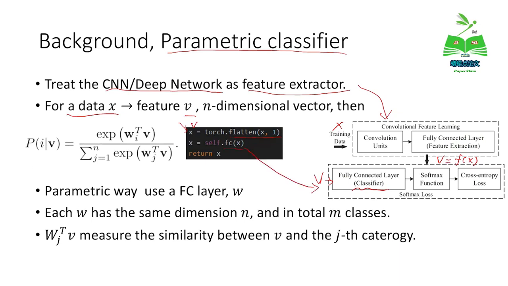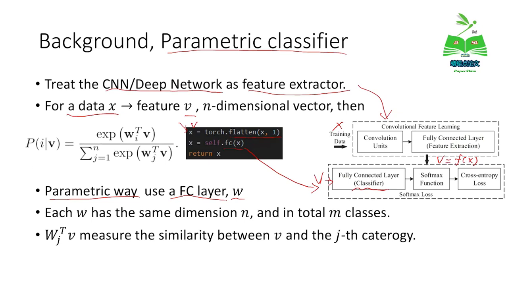Since we use this linear classifier, it's a parametric way, because it uses this layer. This layer has the W. It contains a huge number of parameters or weights, and it needs to know the number of classes.